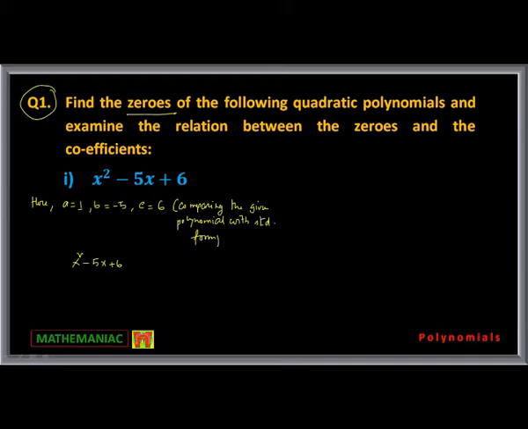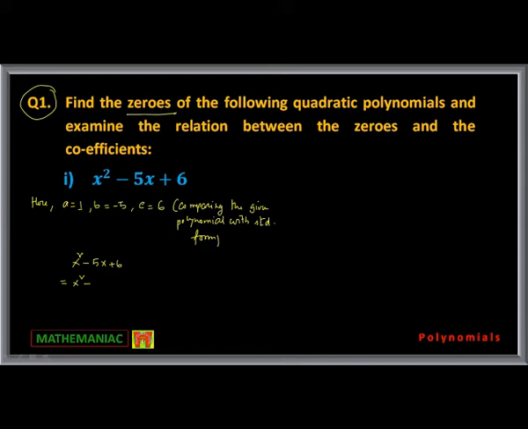Already you all are very clear about this, right? So if you do the midterm factorization, can you remember how it was done? Okay, I'll give a quick explanation for this problem so that you can recall. For midterm factorization, you have to multiply the values of a and c.